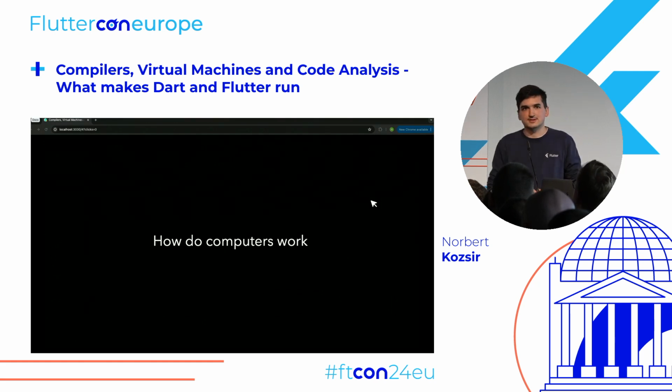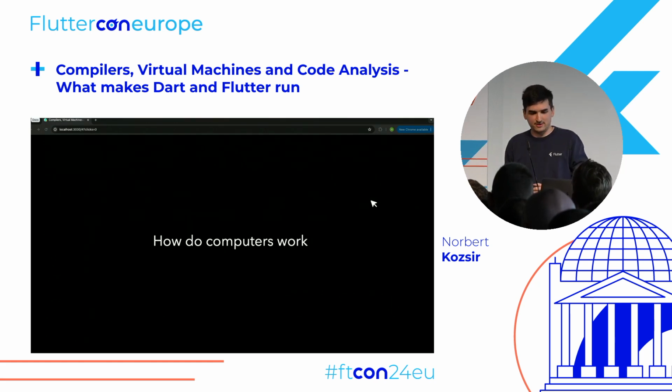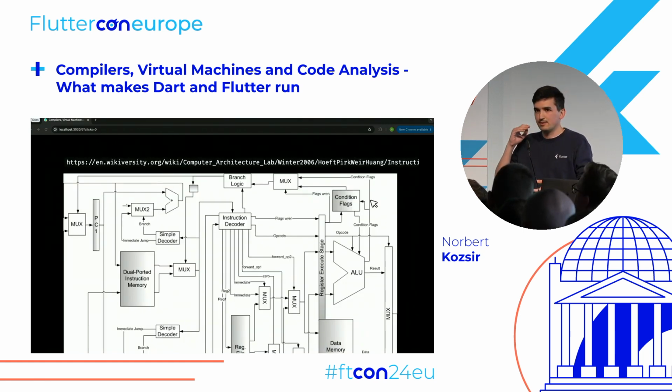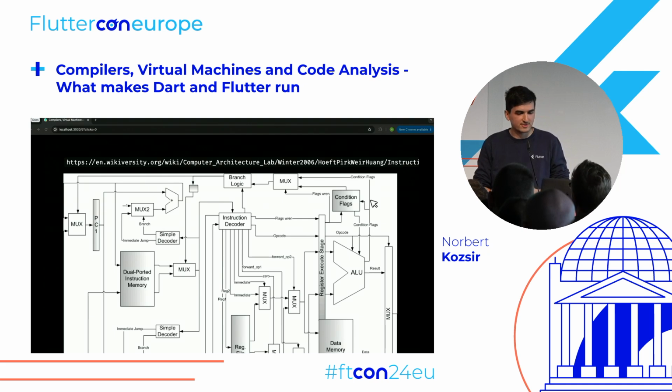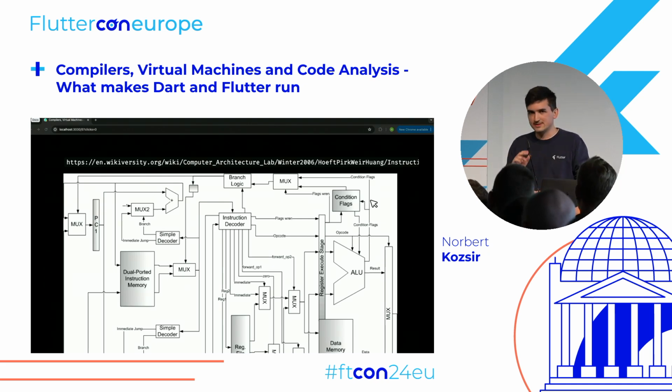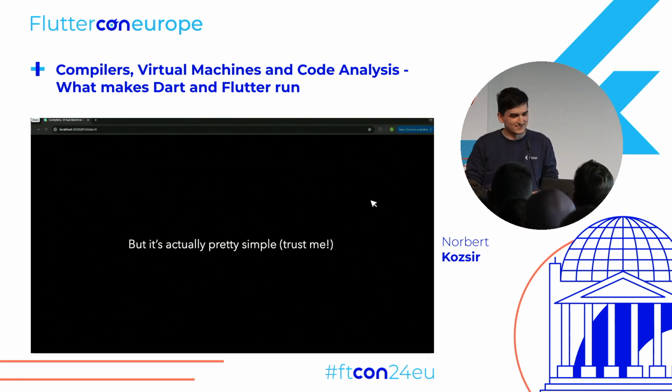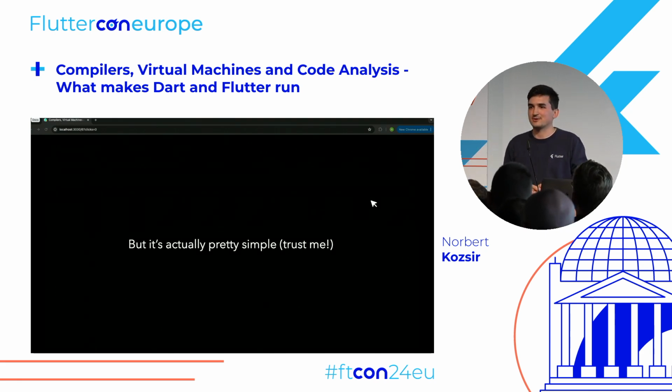But this talk is about compilers and things. So in the first 40 minutes, we're gonna understand how computers work on a very basic level. So we'll have to spend a lot of time on understanding every bit and piece. Of course, I'm joking. It's actually pretty simple how computers work.